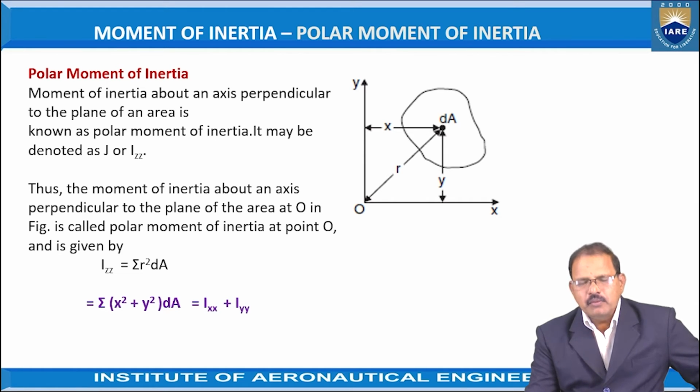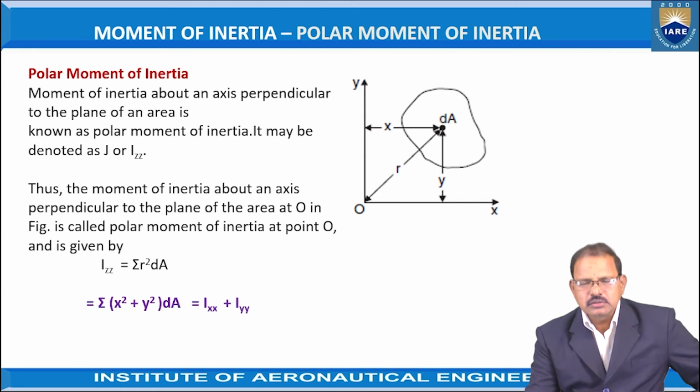Thus, the moment of inertia about an axis perpendicular to the plane of the area at O in a figure is called the polar moment of inertia at a point O and is given by IZZ equal to sigma R square dA, where R is the distance between the perpendicular axis at point O and the element, and sigma dA is the total area of the plane area.